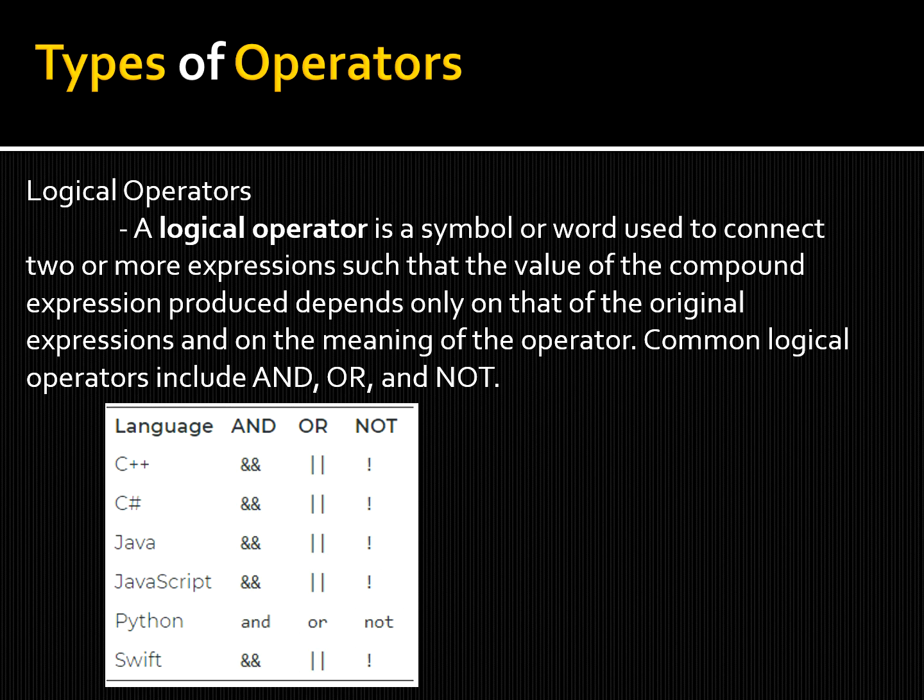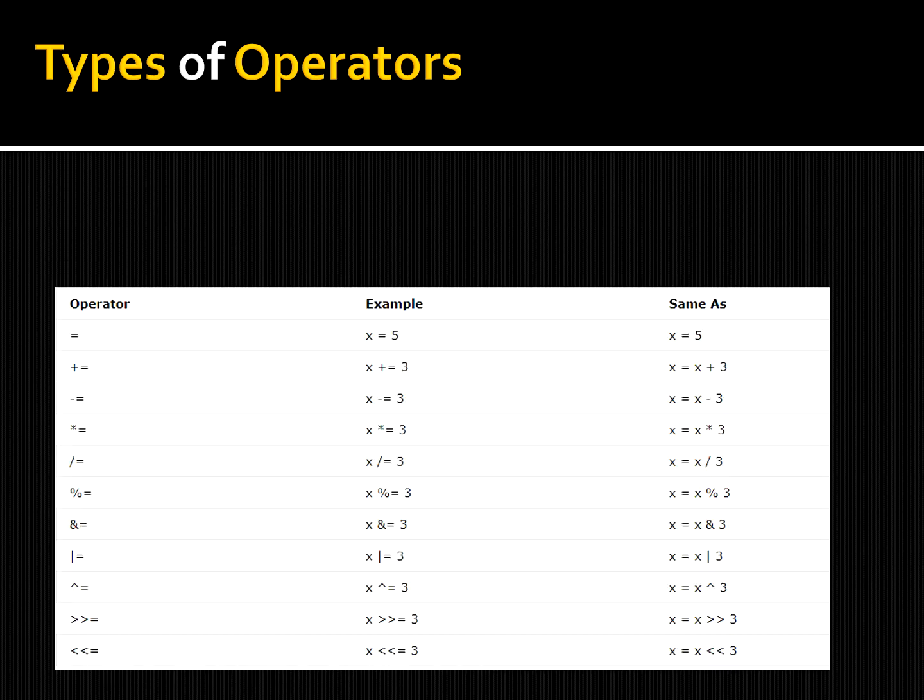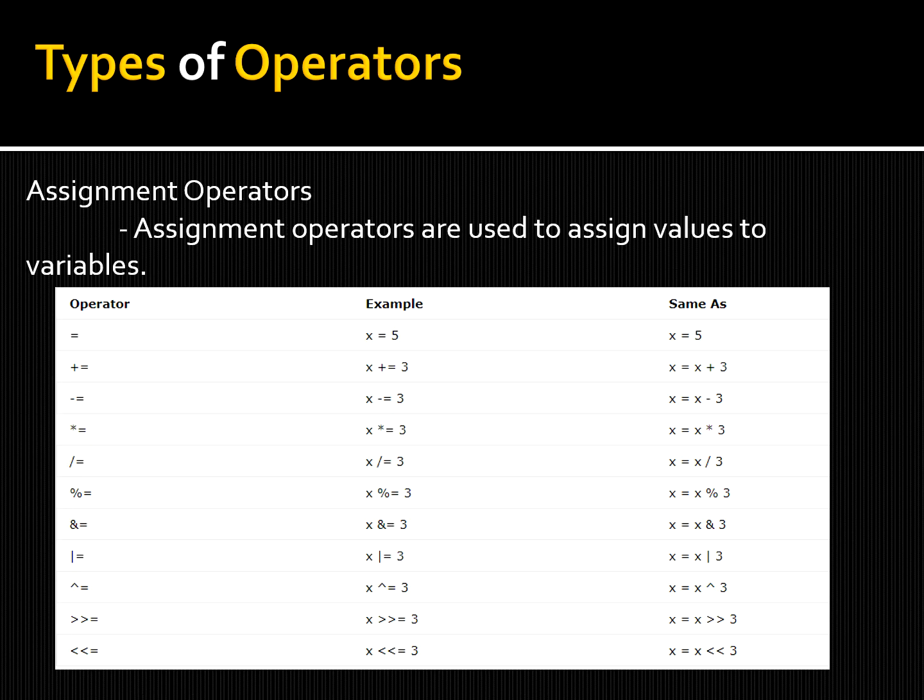So, yung common logic operators natin, this includes the and, the or, and the not. So, these are other types of operators. Assignment operators are used to assign values to the variables. So, these are all the examples.